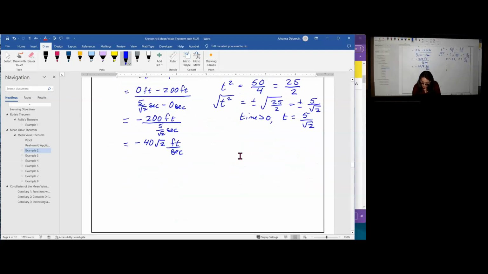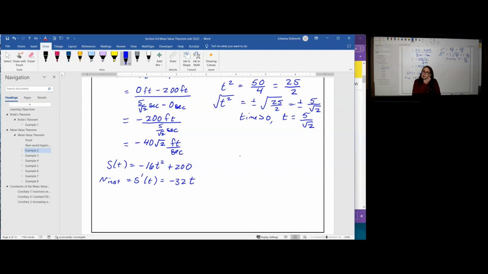Let's rewrite our equation again. S of t is equal to negative 16t squared plus 200. Let's go ahead and find the instantaneous velocity by taking the derivative of the position function. This leads to negative 32t.